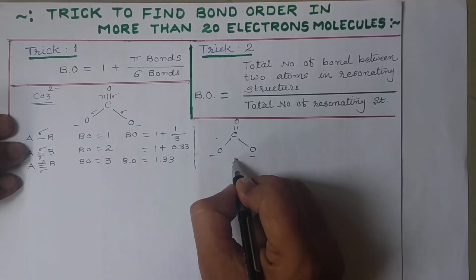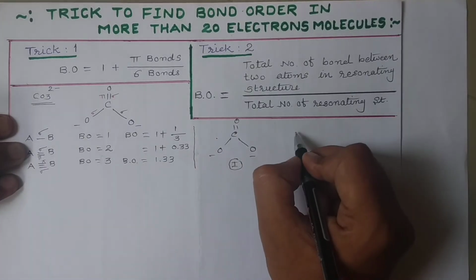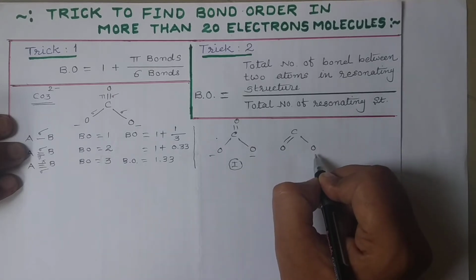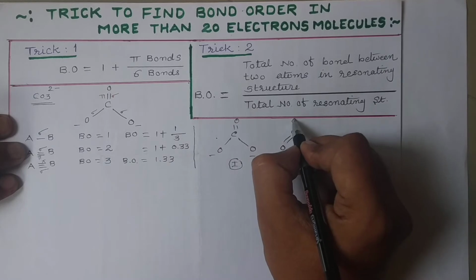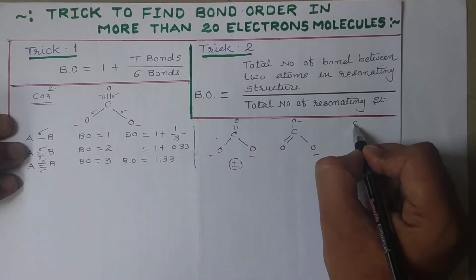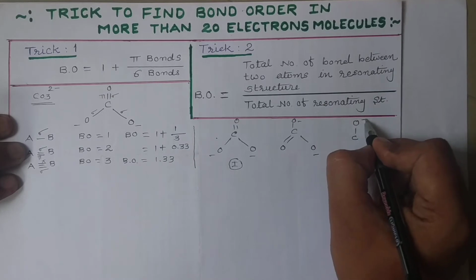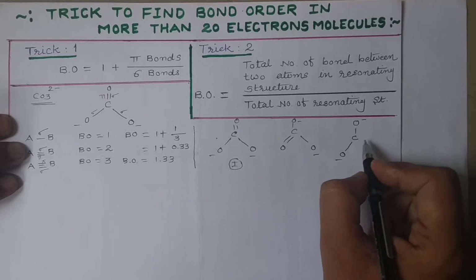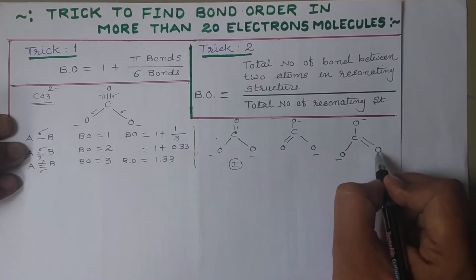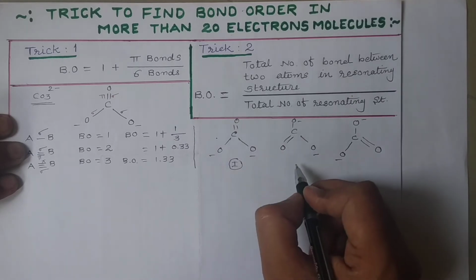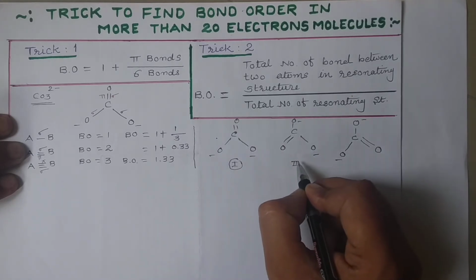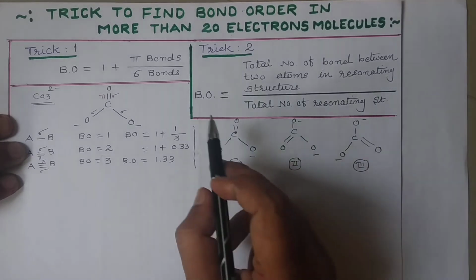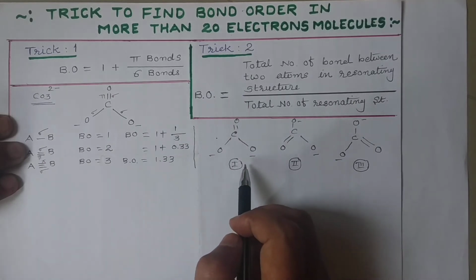This is the first resonating structure, this is the second resonating structure, and this is my third resonating structure. In this trick we will use all three resonating structures.